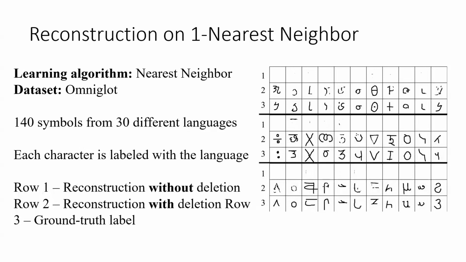Our deletion reconstruction attack reconstructed a lot of examples, which is shown in the row marked 2. Compared to the actual deleted example at row 3, they show a lot of similarity. And we can see that without deletion, the reconstruction basically reconstructs nothing. Please refer to our paper for more experiment results and details.